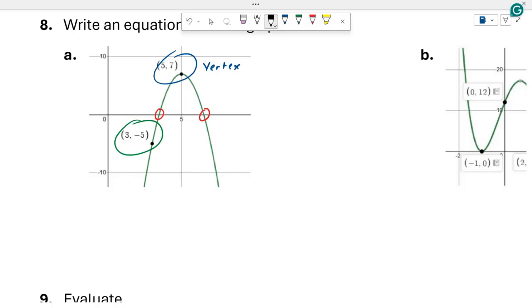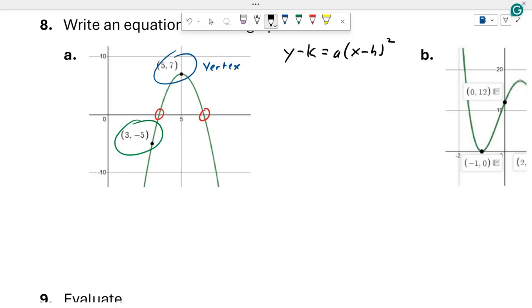What will be helpful is, we're given the vertex. There is a form of a quadratic equation called vertex form, and that is y minus k equals a parentheses x minus h squared.